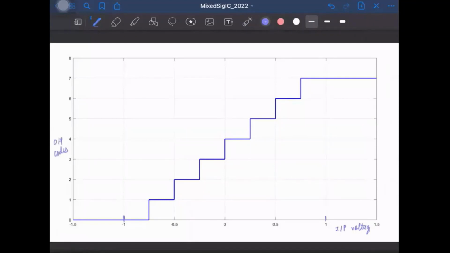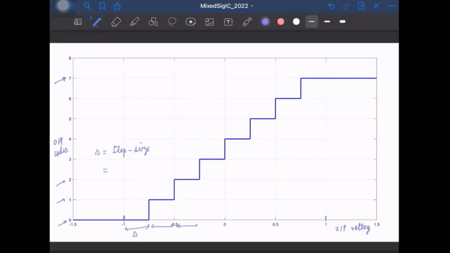The codes range from 0, 1, 2 till 7. And we also saw that each of these widths is equal in an ideal quantizer, and this was defined as delta, that is the step size of the quantizer.